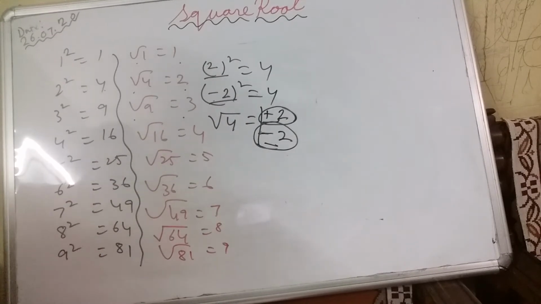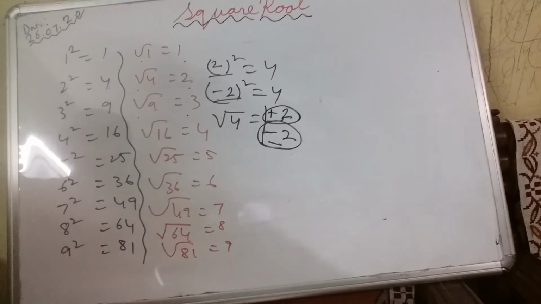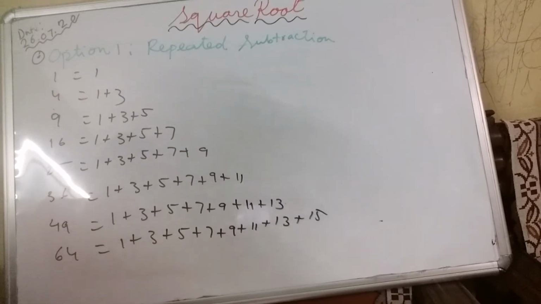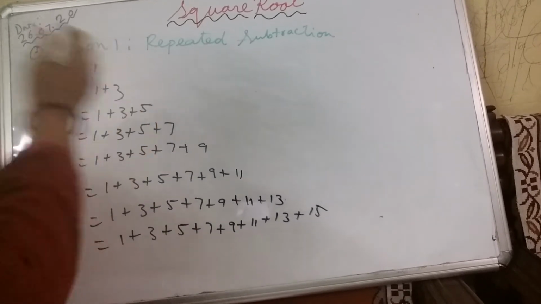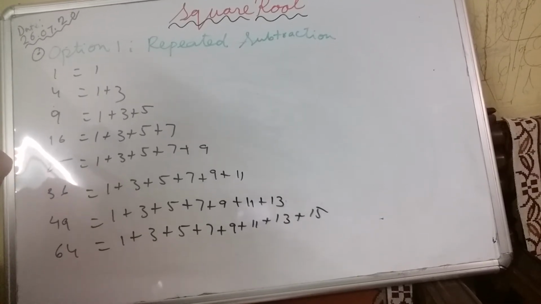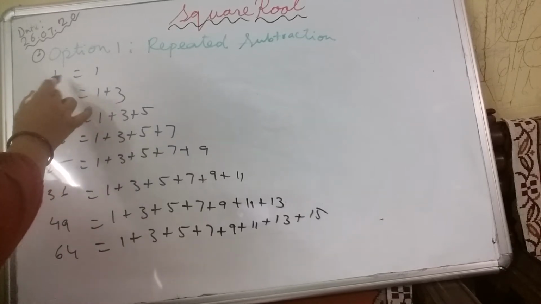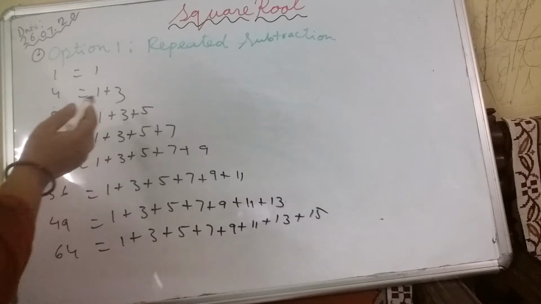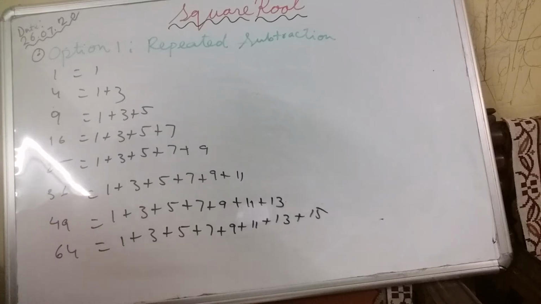Okay. Now, how to find out the square root of a number? There are different methods to find out square root. First method is by repeated subtraction. Now, if you remember one interesting property of a perfect square is the repeated addition of consecutive odd numbers starting from 1.